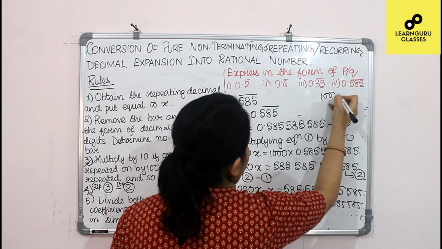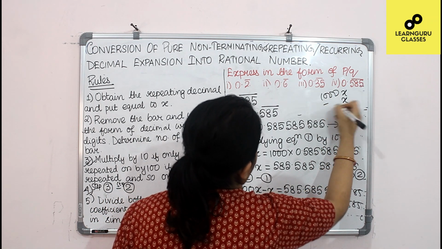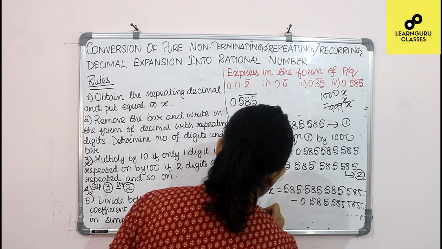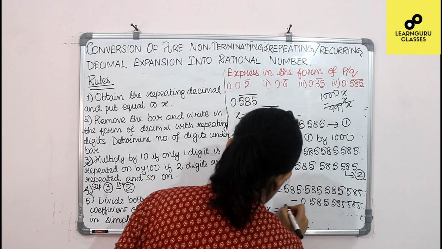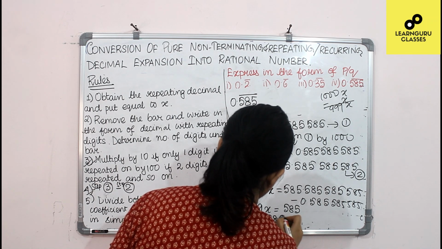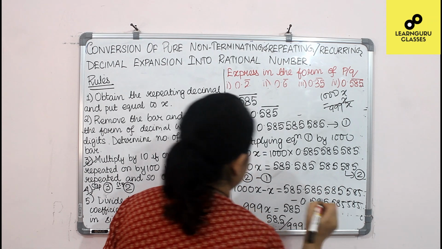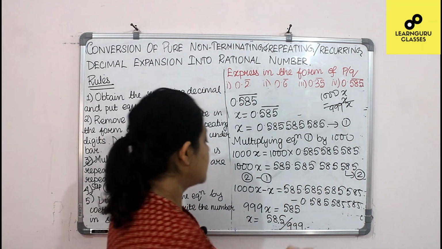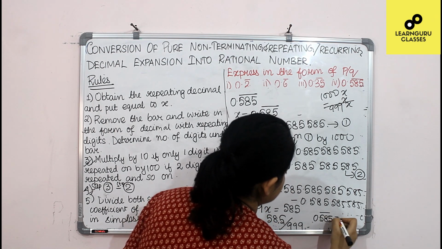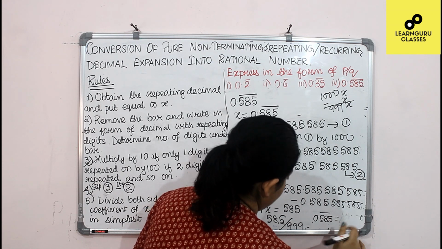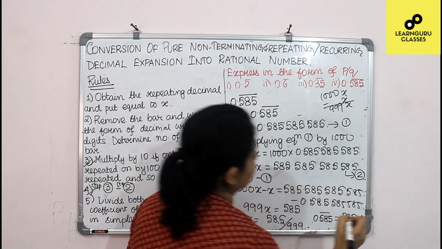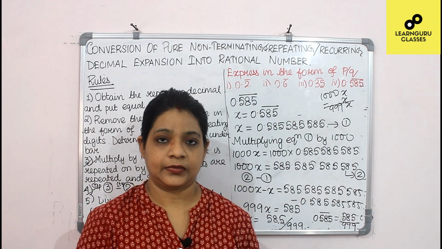So 1000x minus x will be 999x. So 999x equal to 585. So x equal to 585 by 999. Okay, so the equivalent rational number for 0.585 bar is 585 by 999.